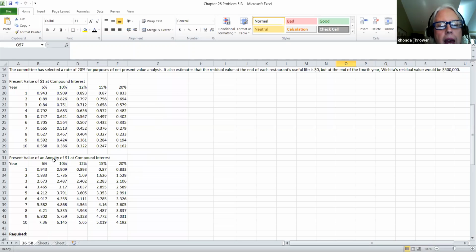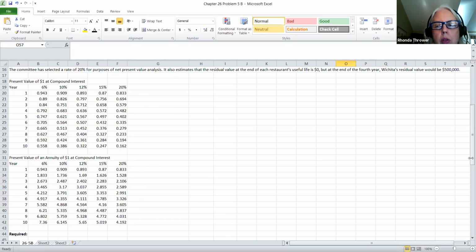And we have to use the annuity table. This is the annuity table right here. This is the present value of the dollar table right here. We are using this table only in the first part of the calculations because they told you to use this table. It's 20%. That was the selected rate for net present value analysis.